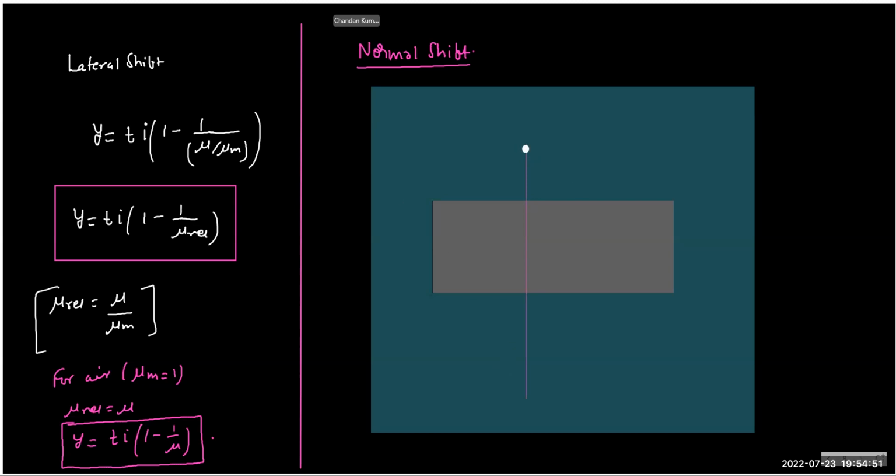Now, if you look from exactly the other side, a lot of light rays will come nearly, but all the light rays will be near normal incidence, right?